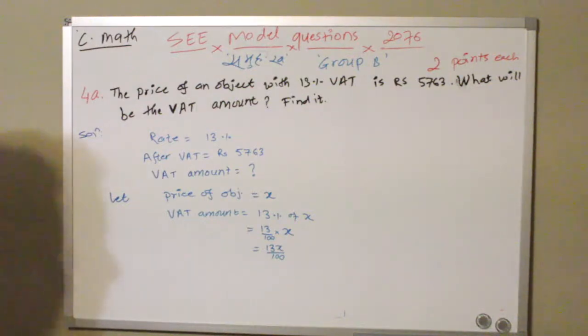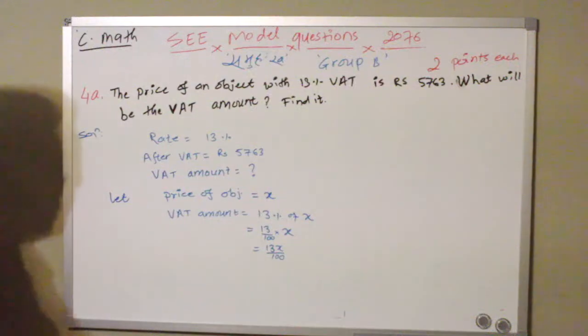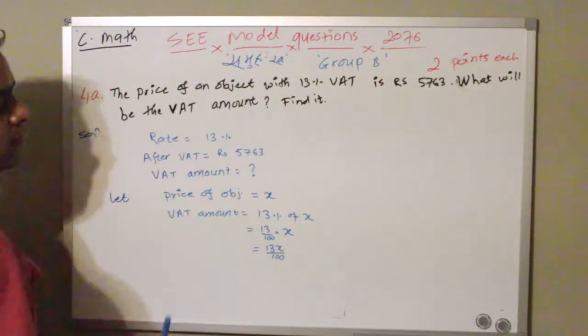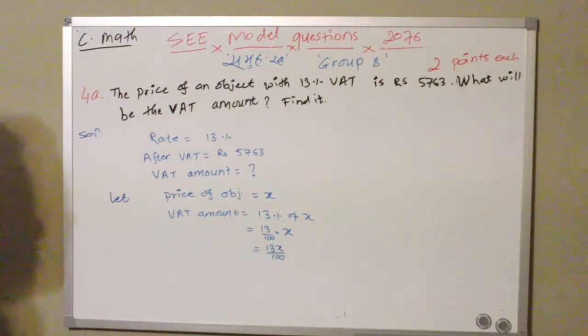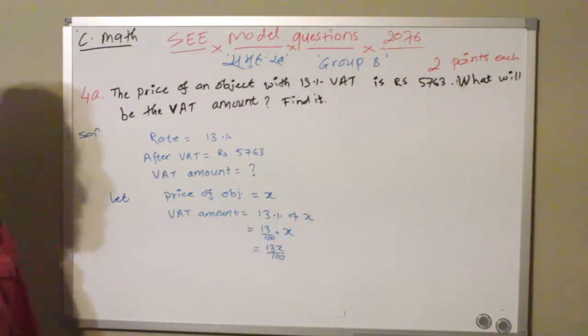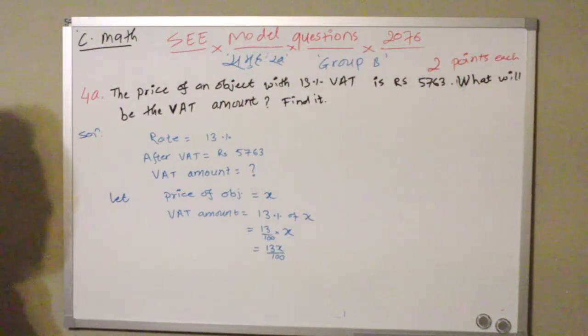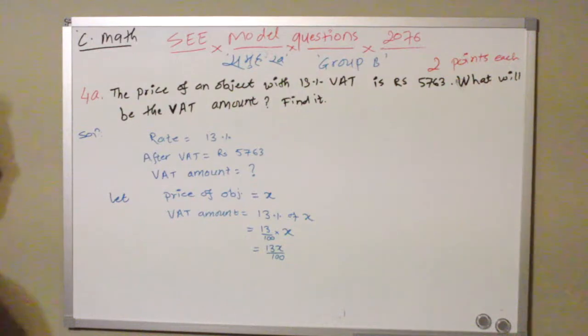Correct? Now we have the VAT amount. Is that my answer? No, because I have to find out the value of X. Once I have the value of X, I can substitute down here, then get the value of that amount.